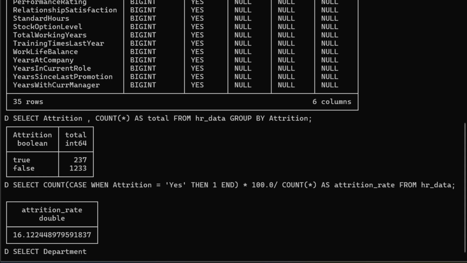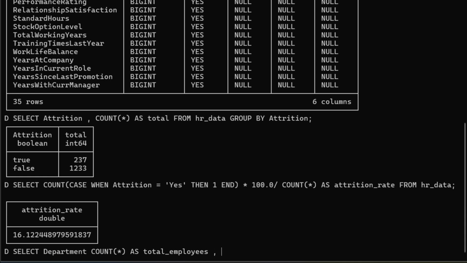Now we want to understand where the problem is happening, which department is losing more employees. For that, we select the department and count star as total employees.